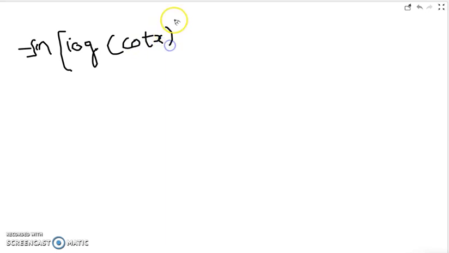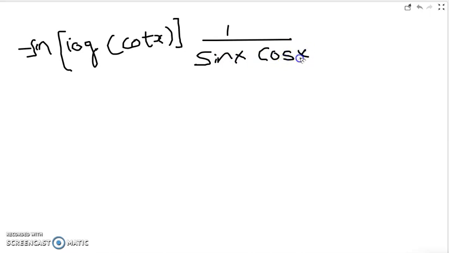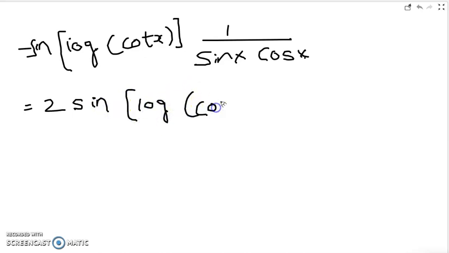Again, what will we get? 1 by sin x cos x, right? Sin x cos x. Now it is equal to 2 sin of log of cot x, over 2 sin x cos x.